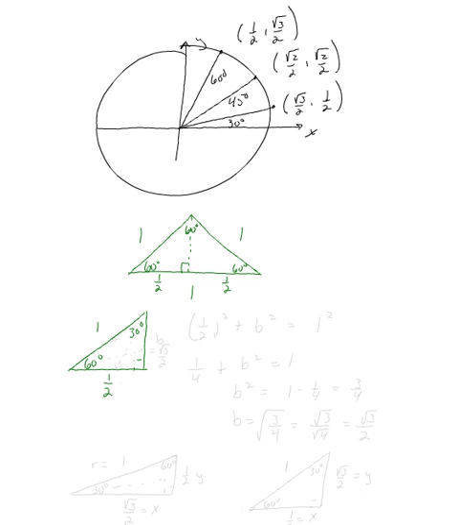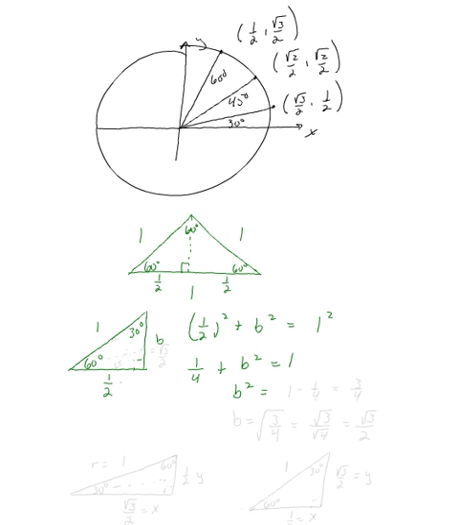So what I need to do is find out what this third side is here. Let's call the sides A, B, and C. Using the Pythagorean theorem, I have 1/2 squared plus B squared equals C squared. So that's 1/4 plus B squared equals 1.